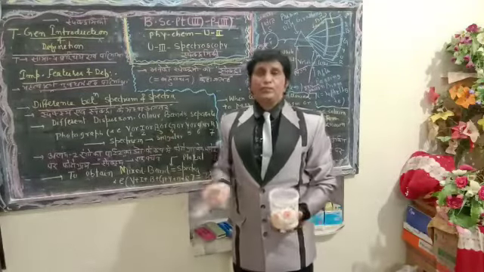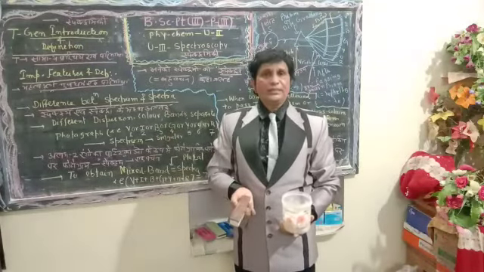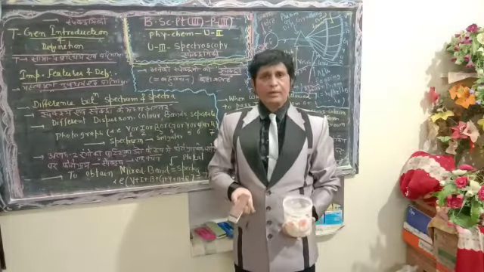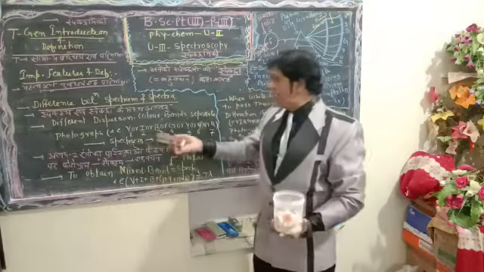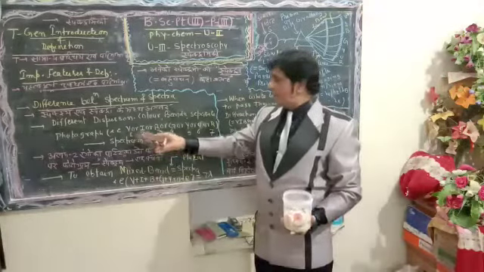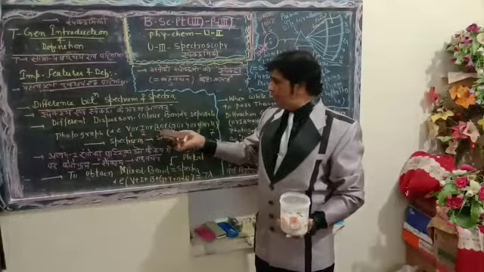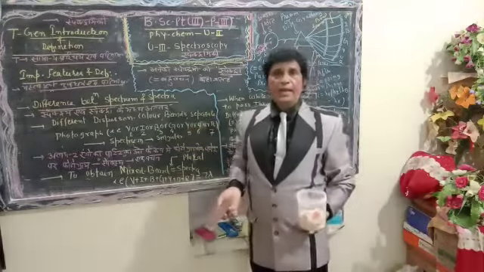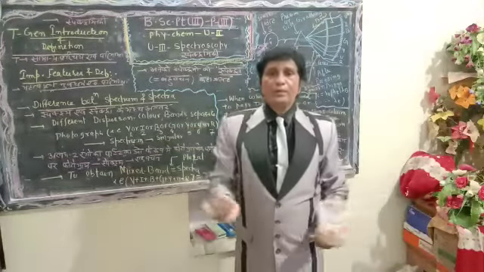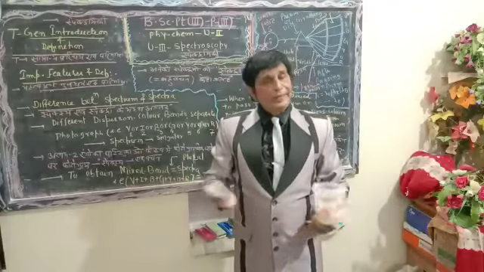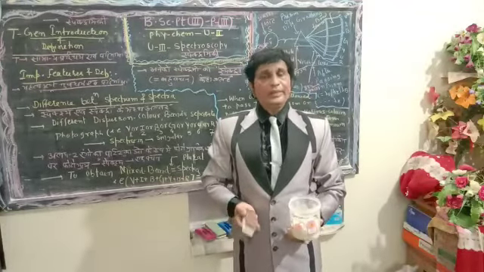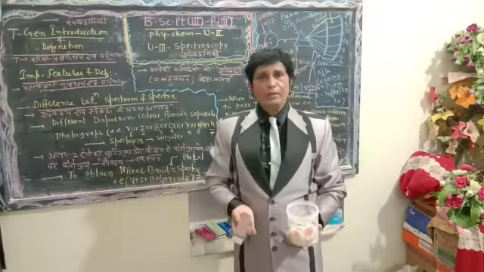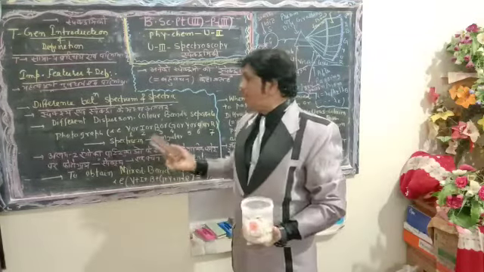The individual band photograph is known as a spectrum. One can say violet, indigo, blue, green, yellow, orange or red. The separation of individual colors of light in the form of bands is known as a spectrum.